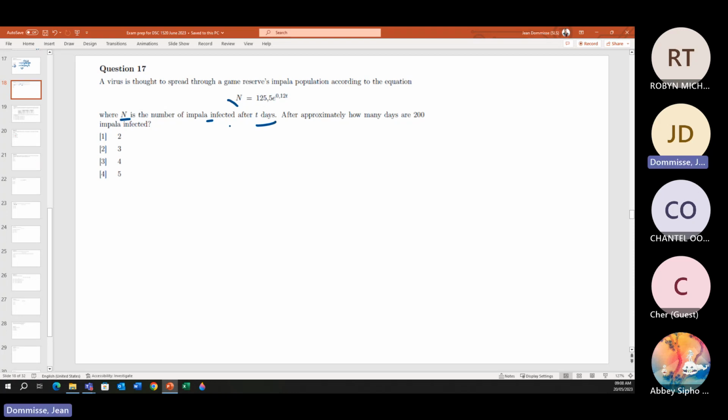So what we need to do here is, again, simplify the expression, and they give us a bit of information. They tell us n is 200.